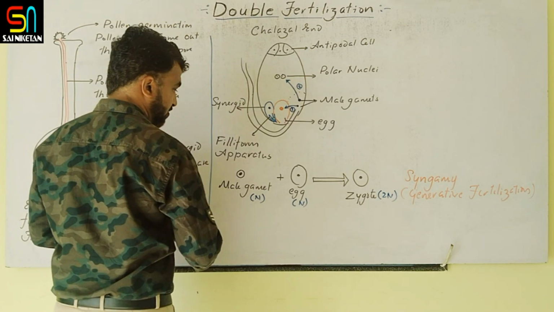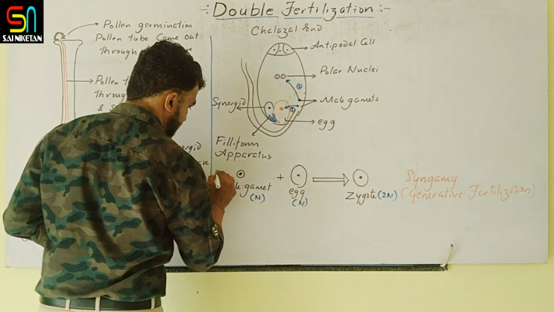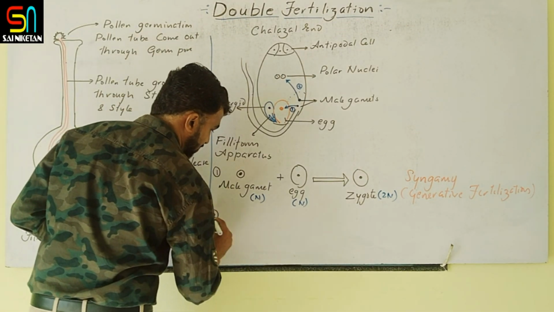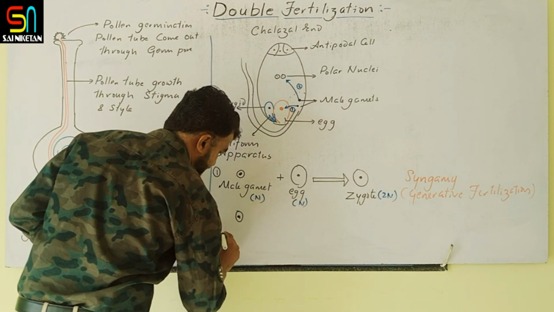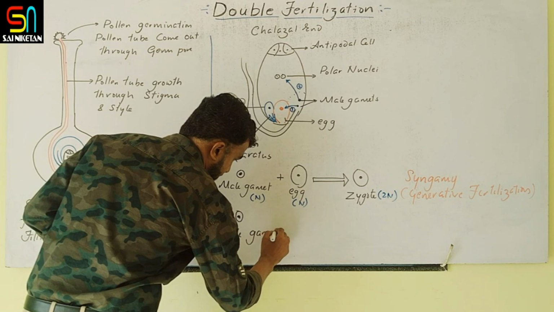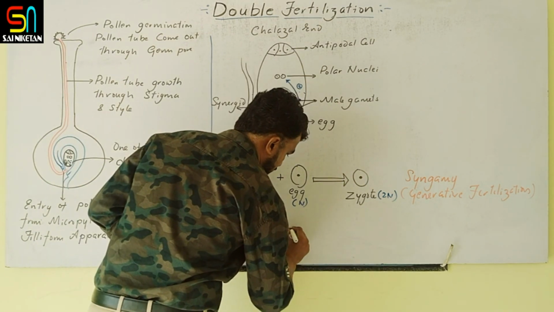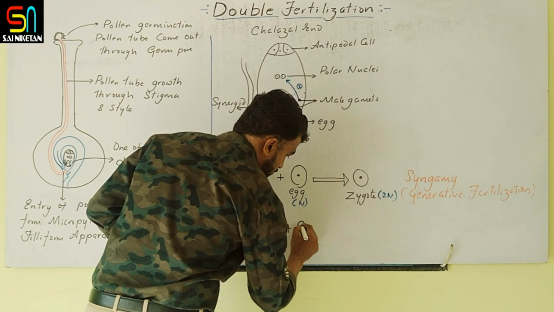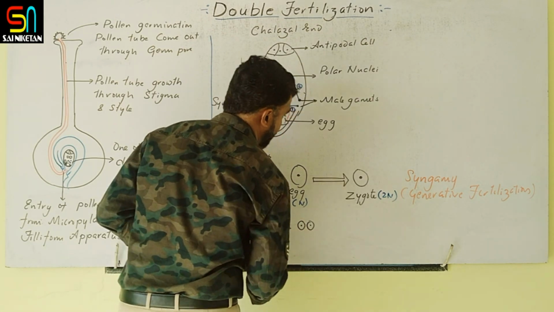The second event: another male gamete fuses with the two polar nuclei.